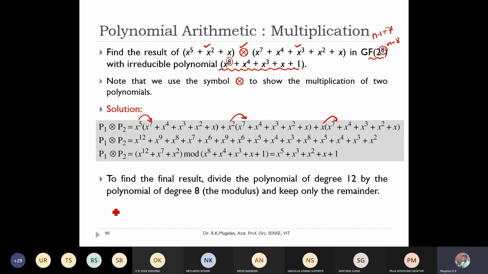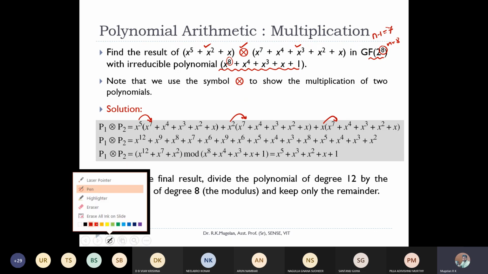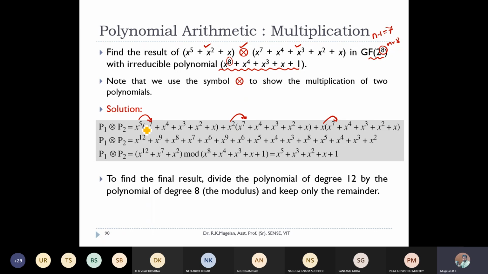If you multiply this x power 5 with this one, I'll be getting x power 12, because x power 5 plus 7 is 12, and then 9, 8, 7, and 6. With this, I have performed the first multiplication. Next, with the second part, the x square part, I'll be getting x power 9, x power 6, and 5, because multiplying x square by x cube, I'll be getting x power 5.